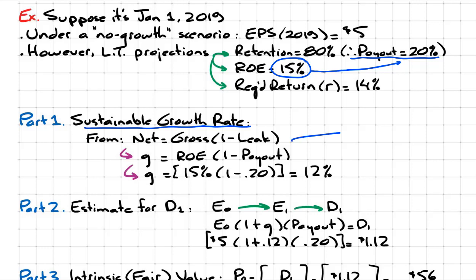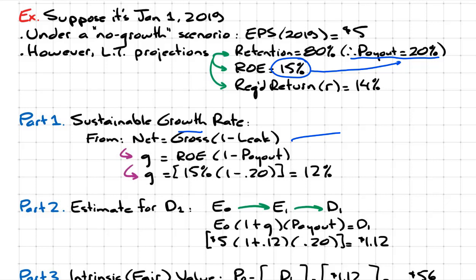And here's where our analysis picks up. So the net growth is equal to the gross return times 1 minus leak. And what that says here is that the portion of the gross that is left, that's the one that contributes to growth.